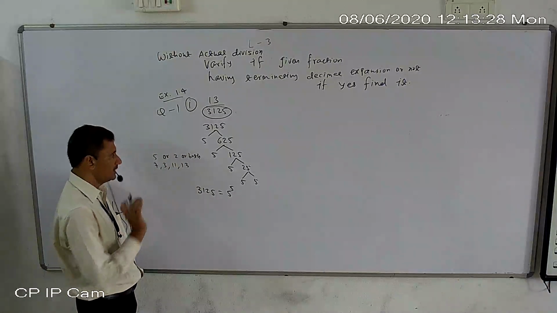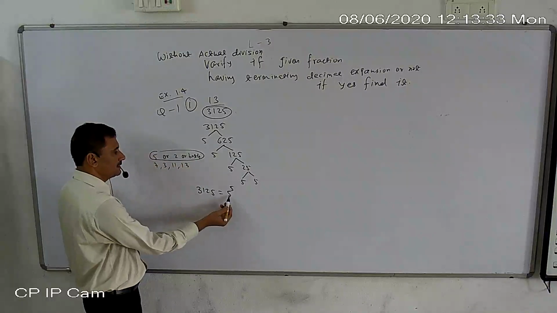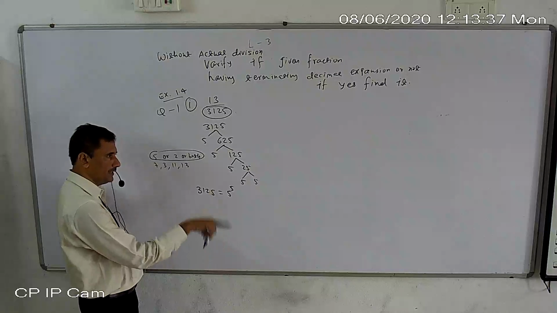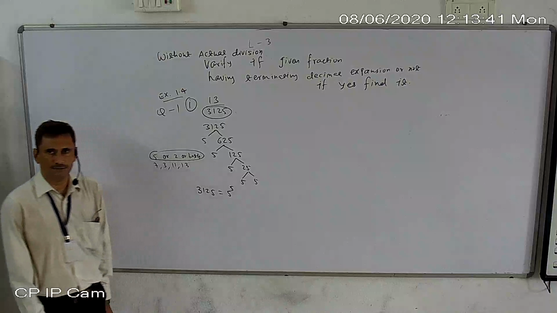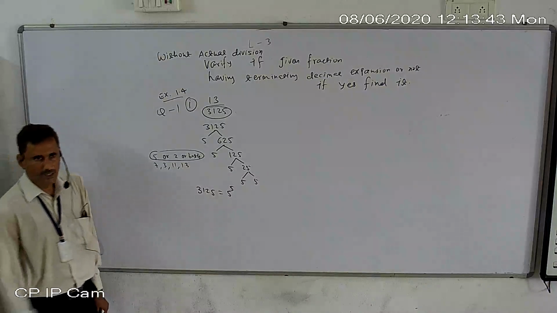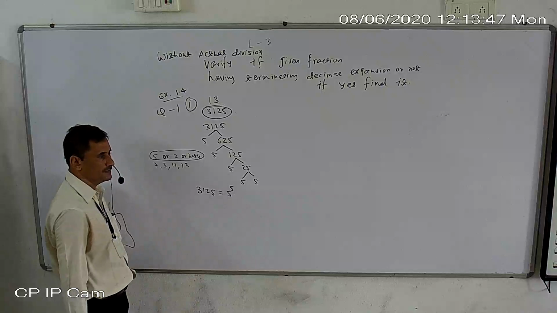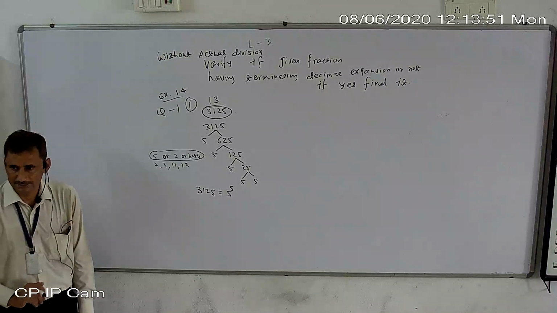You understand? Again I repeat: if the denominator has factors either 5 or 2 or both, then only the given fraction has a terminating decimal expansion, otherwise no. If any other number is visible here, then say no, means non-terminating decimal expansion.